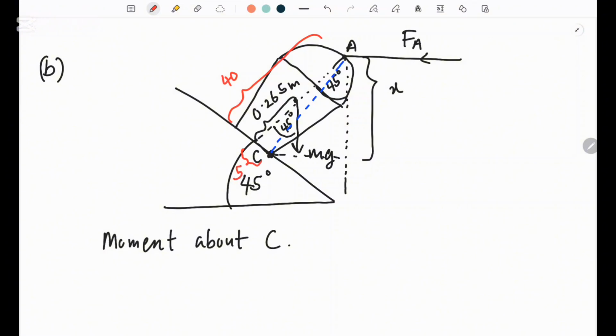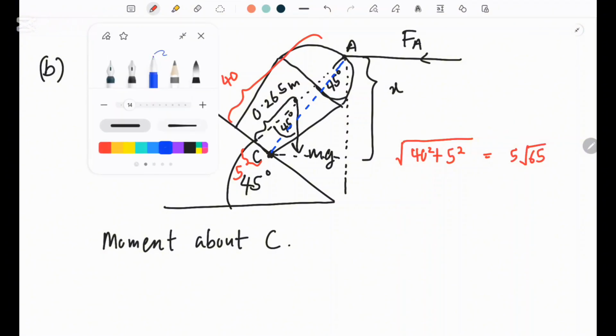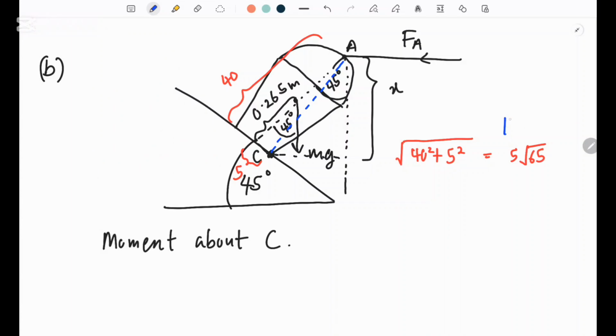So to find the blue dotted line, all we have to do is use the Pythagoras theorem: 40 squared plus 5 squared. So this would give you root of 40 squared plus 5 squared, giving you 5 root 65, which is going to be the blue line. I'll just write blue line like this, okay?